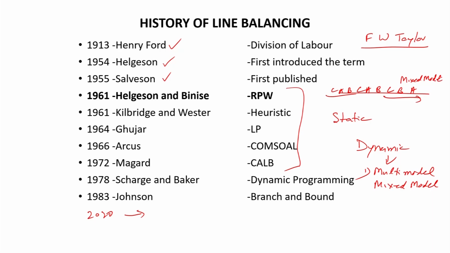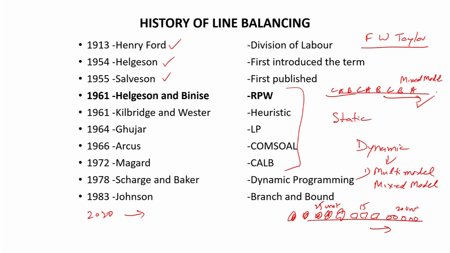Whereas in multi-model you are producing in batches. You produce one batch of A, let us say 20 units, then you change over and produce B, let us say 15 units, then you produce model C, let us say 25 units. So, this is called a multi-model assembly line, and the other one is called a mixed model assembly line.